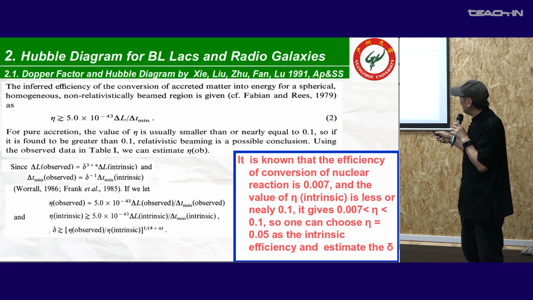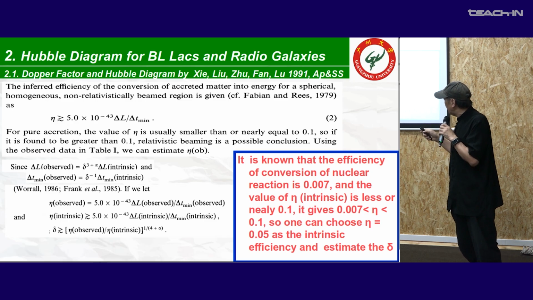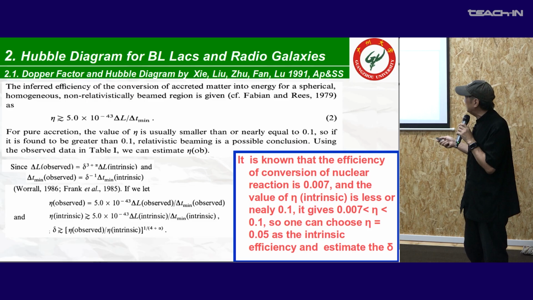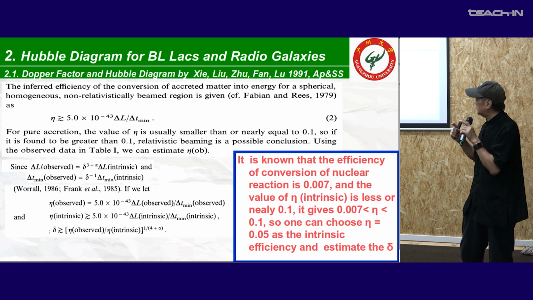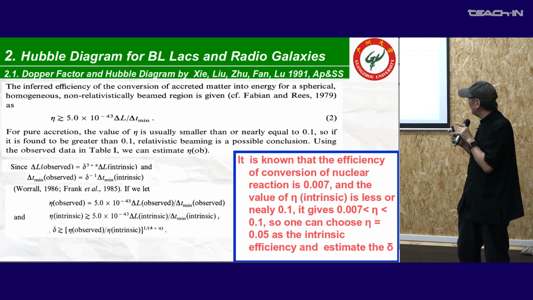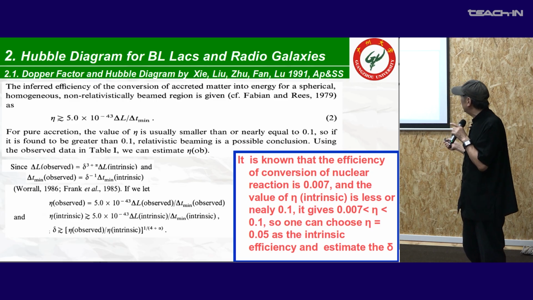But for eta, for pure acceleration the value of eta is smaller than 0.1, so this is the upper limit for the intrinsic one for pure, non-spherical acceleration. But for nuclear reactions, eta is 0.007.